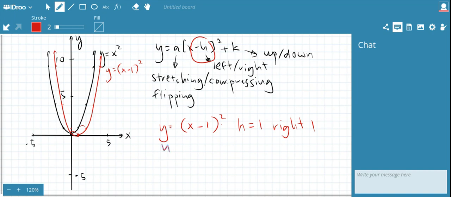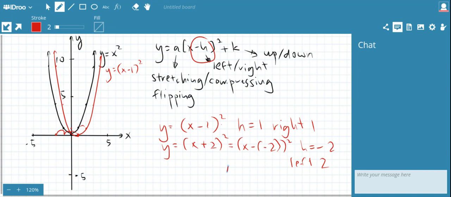If I wanted to do y equals, let's say, x plus 2 squared, you can see this is the same thing as x minus negative 2. So h is equal to negative 2, which means I'm going to move to the left by 2. Again, I'm going to take all of my parent points, like 0, 0, and move them left 2.